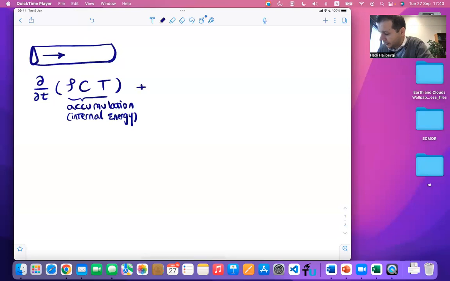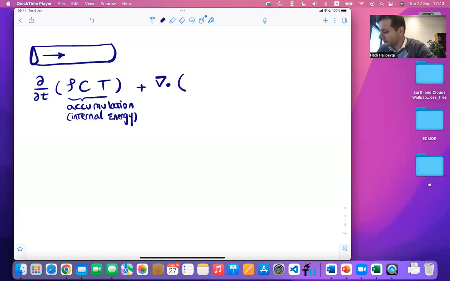Plus net outgoing flux of heat. Net outgoing mathematically is out minus in. And if I write it mathematically, it reads with the divergence operator, which gives the net outgoing heat flux. The first heat flux I'd like to consider is convective heat flux.